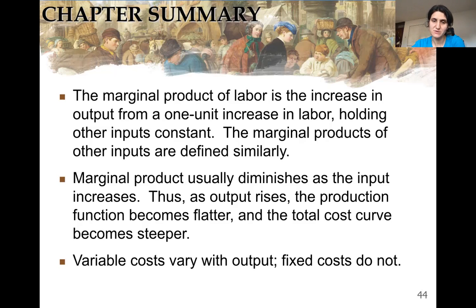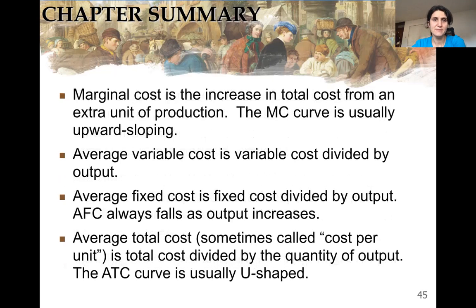Variable costs vary with the output, fixed costs do not, okay? And marginal cost is the increase in total cost from an extra unit of production, and we can think of this as the increase in variable cost as well, because fixed cost is the same in the total cost. The marginal cost curve is usually upward sloping, but sometimes it is U-shaped: decreasing at the beginning and then starting to increase later on.